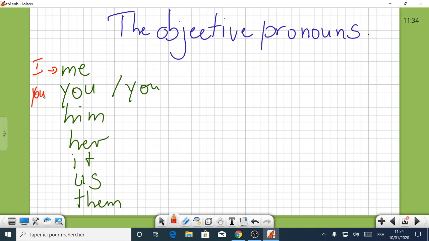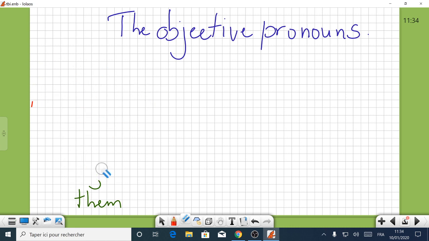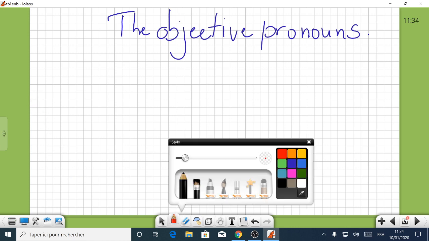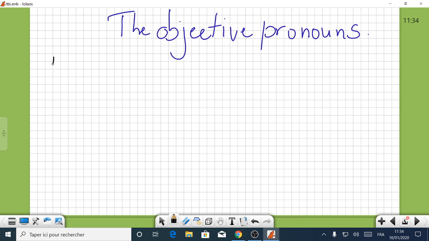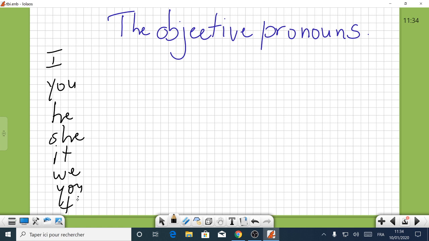I repeat and write it in the middle in order to make it clear. I write first the subject pronouns: I, you, he, she, it, we, you, and they.